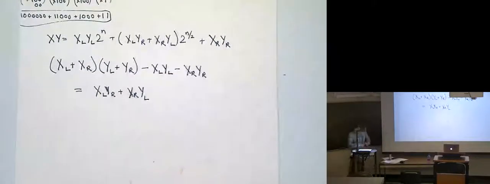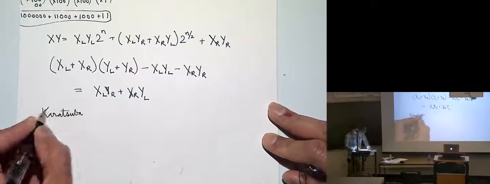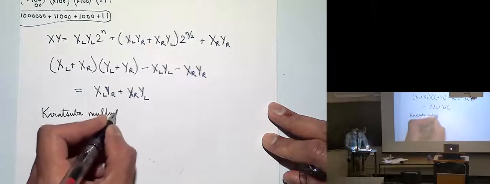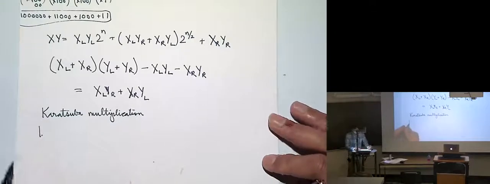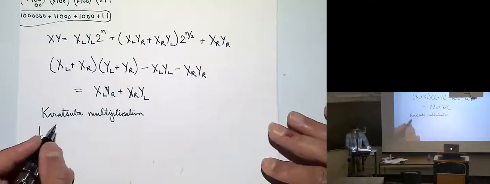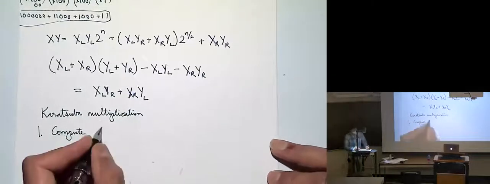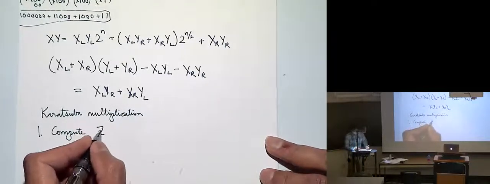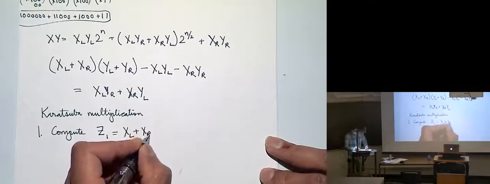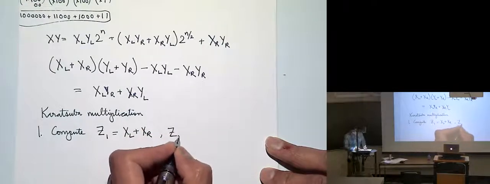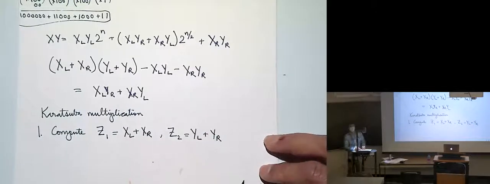Okay, so now let's write the algorithm for Karatsuba multiplication. It is as follows. The first step is to compute what I'll call Z1, which is XL plus XR, and Z2, which is YL plus YR.